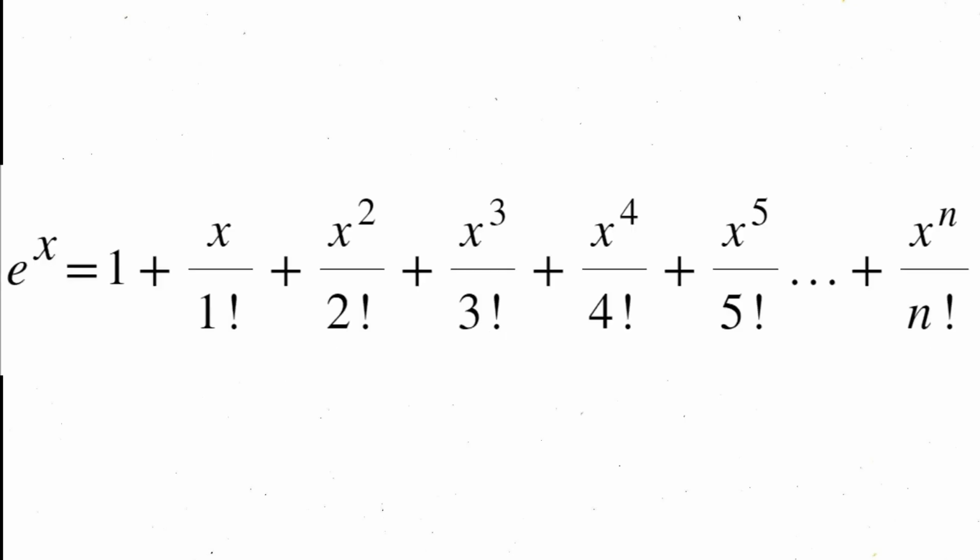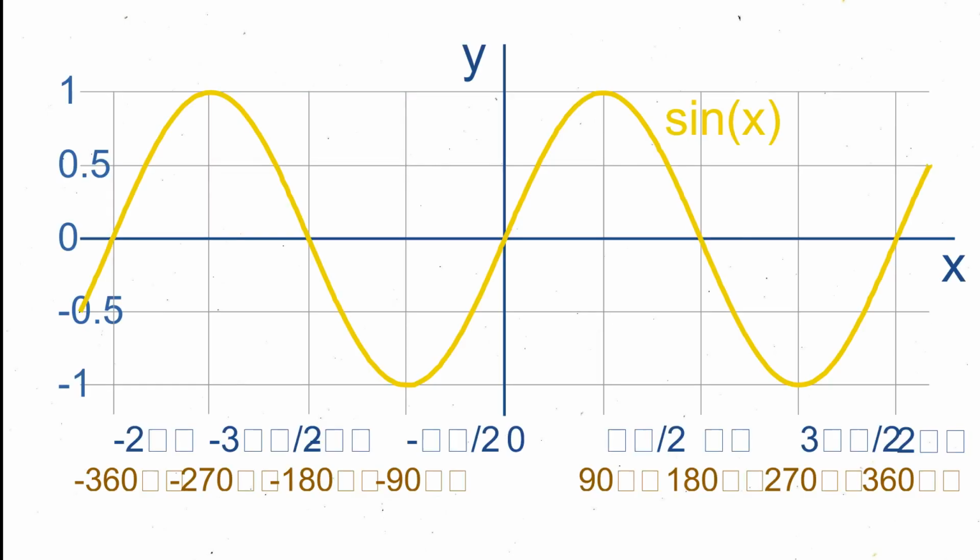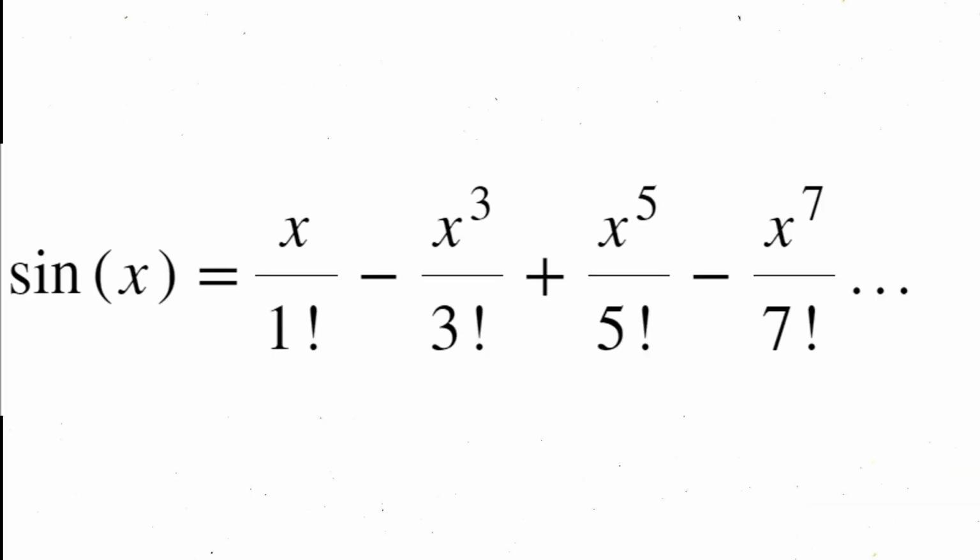Since we've seen how we can write e raised to power x, we can also express the sine wave in terms of a series. And this is how we express it. Sine x is equal to x all over 1 factorial minus x cubed all over 3 factorial plus x raised to power 5 all over 5 factorial minus x raised to power 7 all over 7 factorial, and the sequence continues.